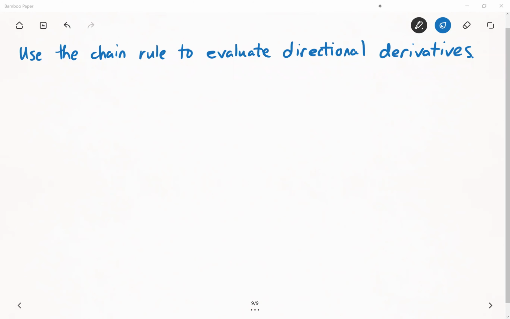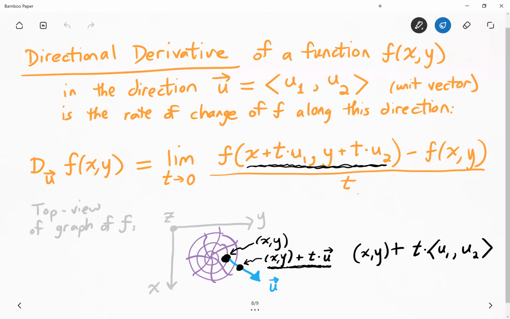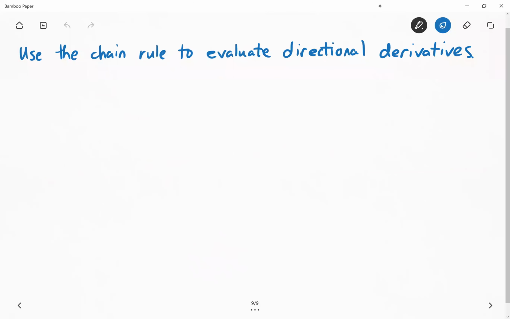Now the key is really this picture that we drew over here. Right, think about this blue vector that we're traveling along. We're really interested in learning how the height changes as we travel along this line, which points in the direction of u. So let me go over and maybe copy over this picture again.